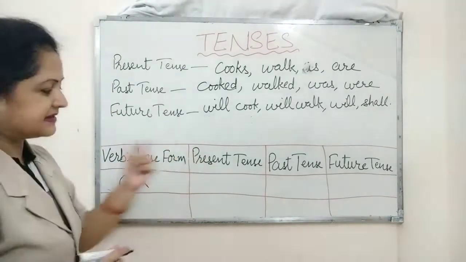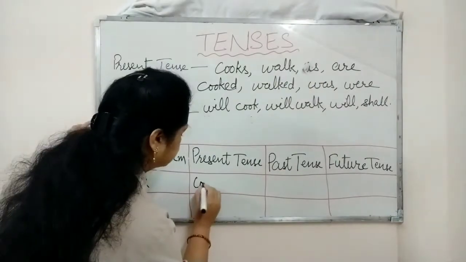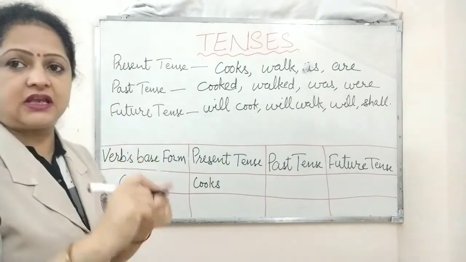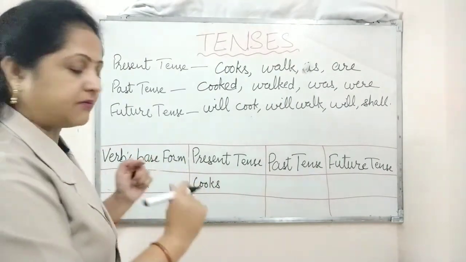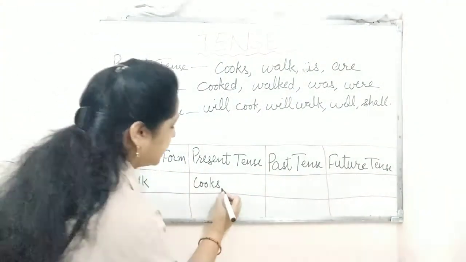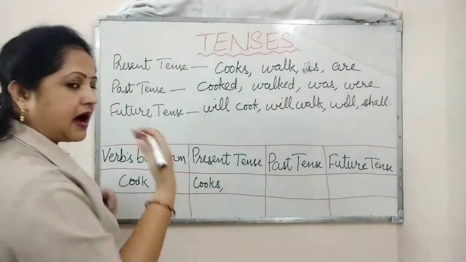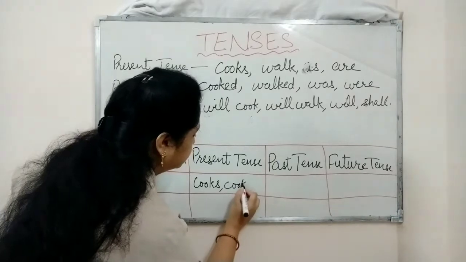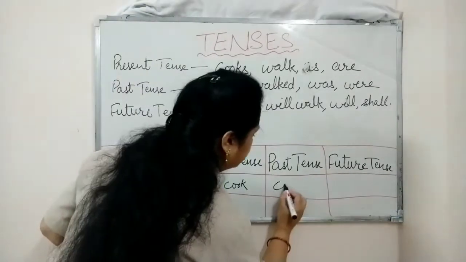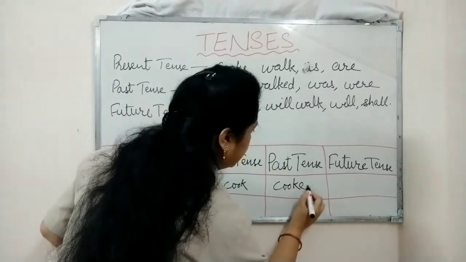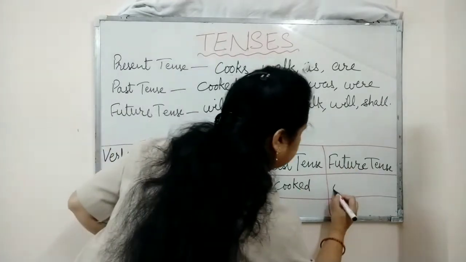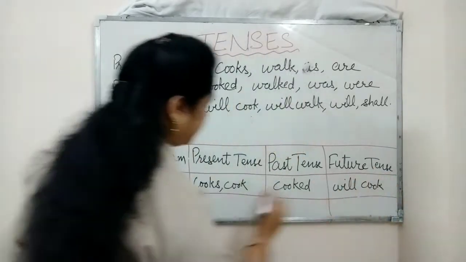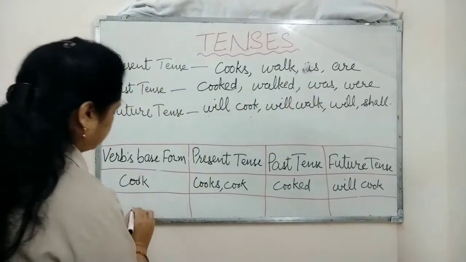And in present tense, in case of he, she, it or any singular number we will use cooks, and in case of I, you and the plural numbers we write here cook. Past tense cooked, and the future tense will cook.